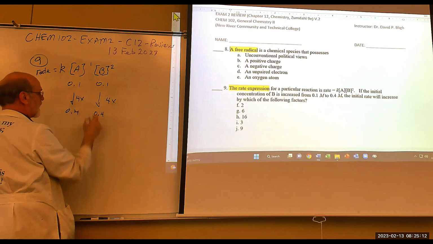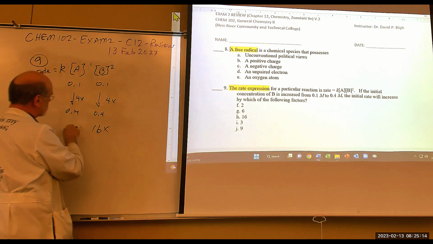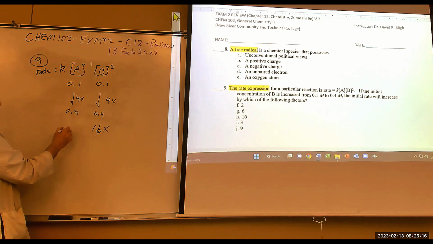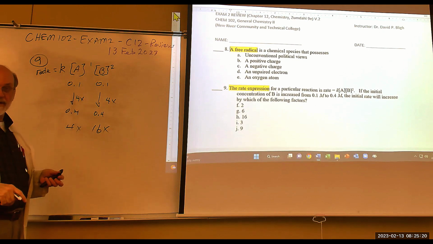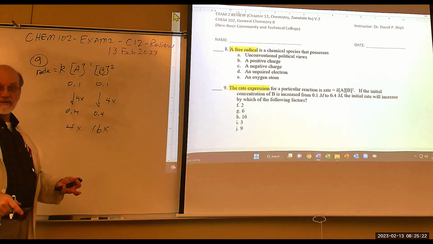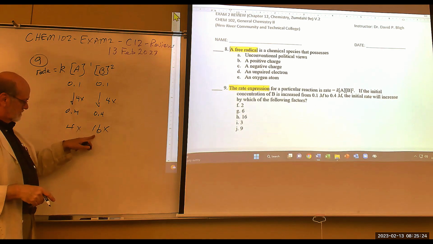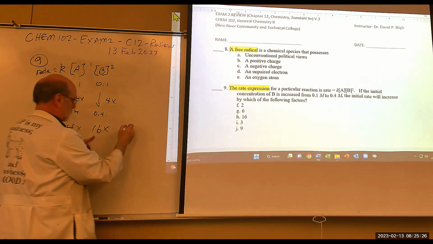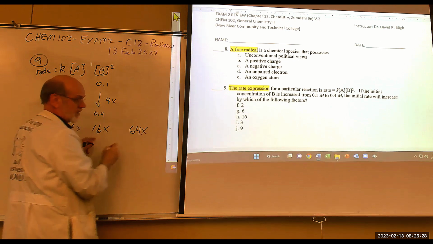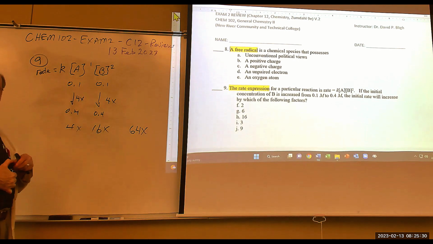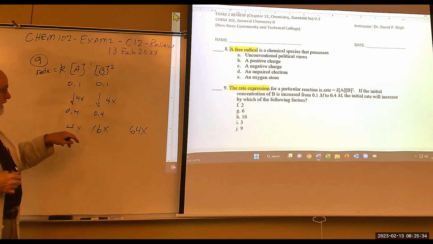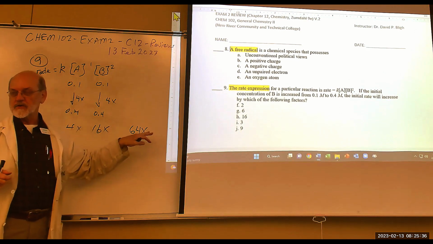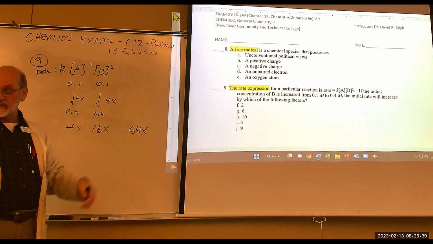So this has the effect of 16 times. What does this one have? It's just 4 times because it's only the power of 1. What's the overall increase though? 64 times. This factor did it by 16, this one did it by 4. So the overall is going to be increased by 64 times.